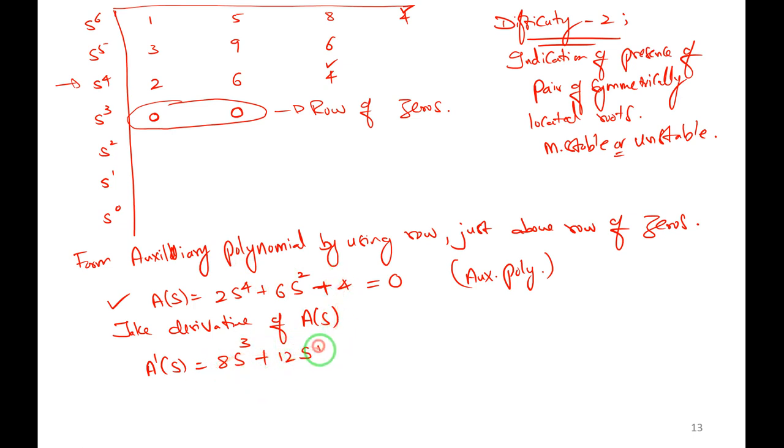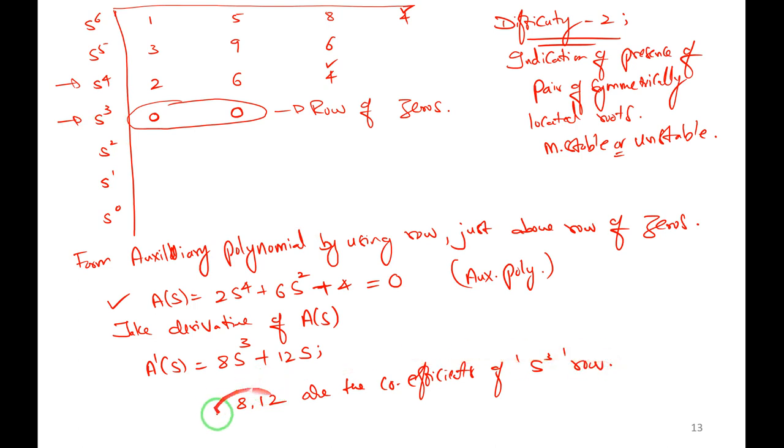So I am getting 8 and 12 as the coefficients of this derivative equation. These are the coefficients of the s cube row, the row of zeros. Instead of 0, 0, write 8 here and 12 here.